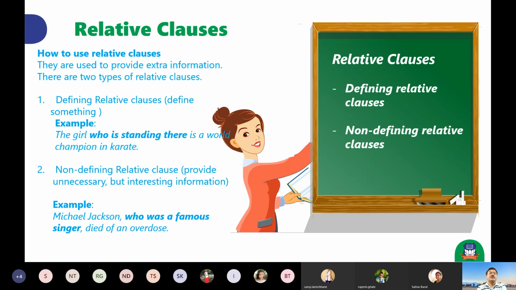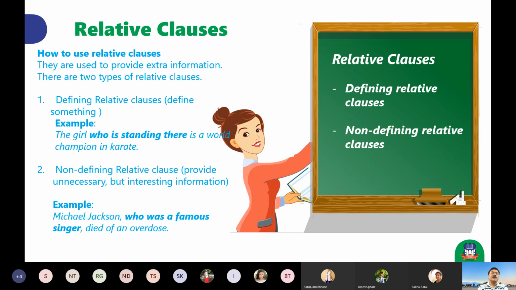So this who is standing there has come to define the girl. That's why it is a relative clause. It relates the main clause and this subordinate clause. So always you need to use such clauses just after the noun.